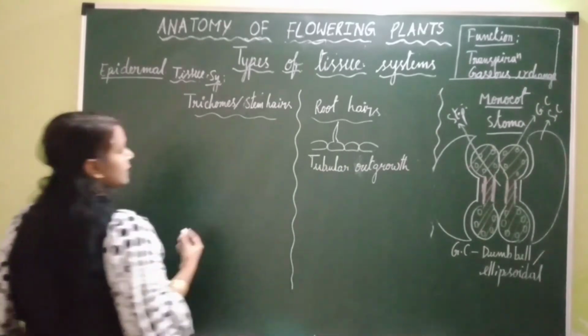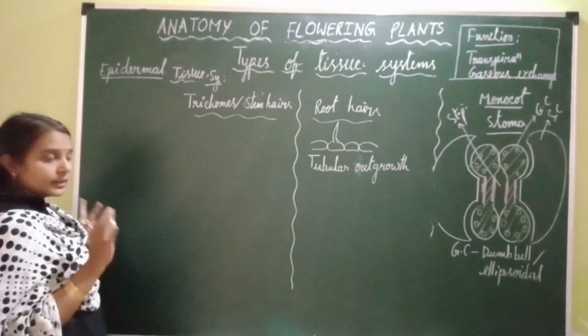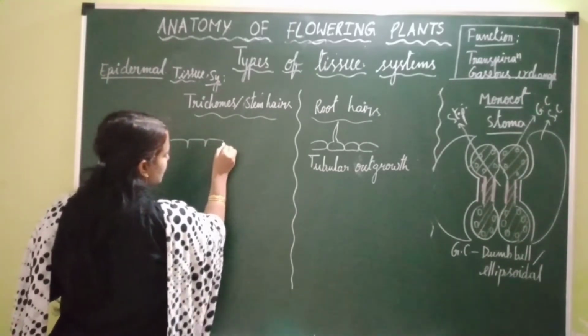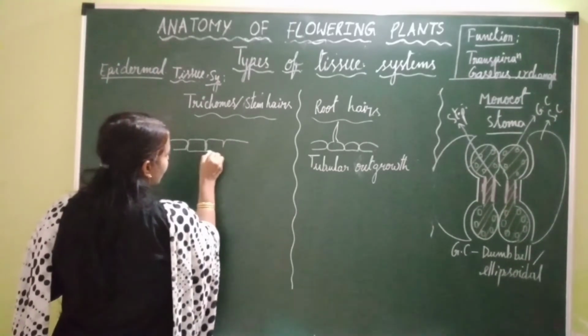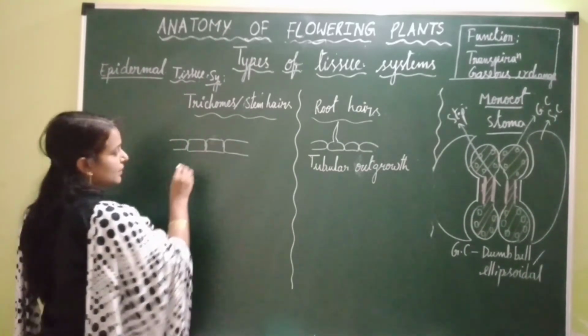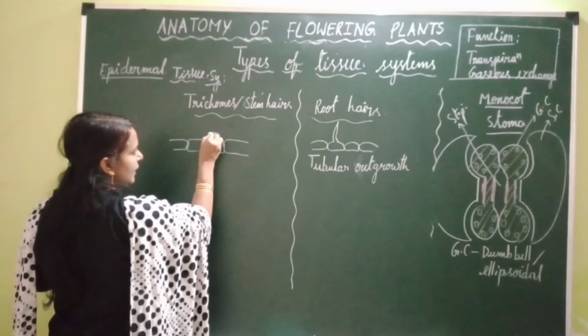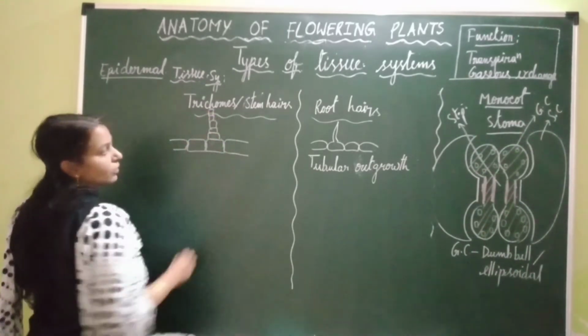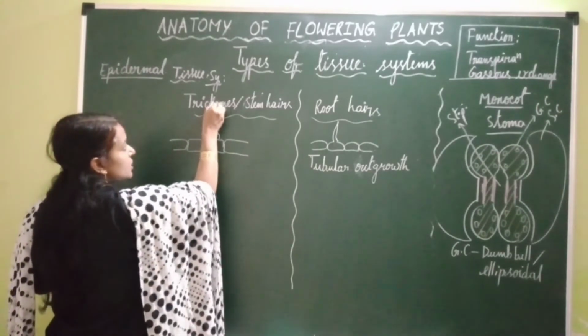Okay, next coming to trichomes. Here, trichomes are stem hairs. Let's say this is the epidermis of the stem, and above some of these epidermal cells, extra growths are forming, like this. So these are extra growths, not outgrowths.